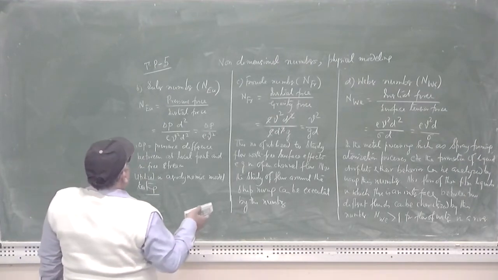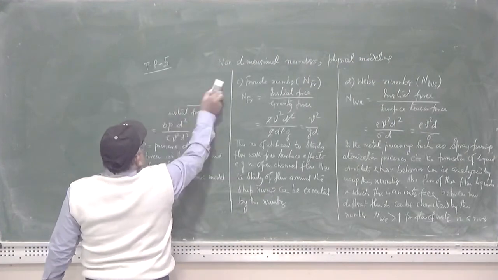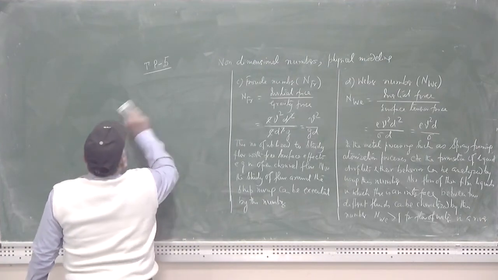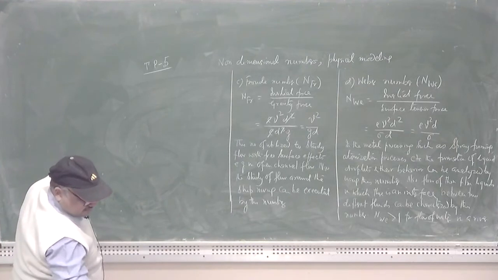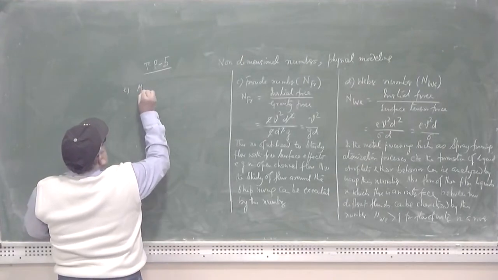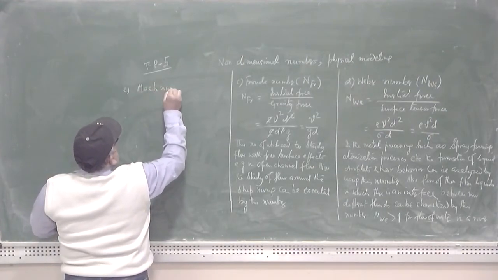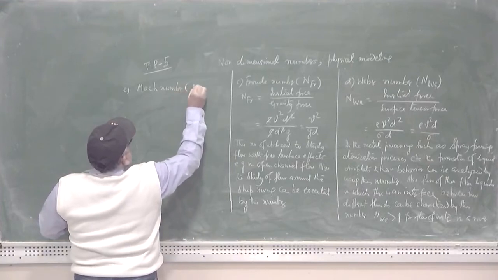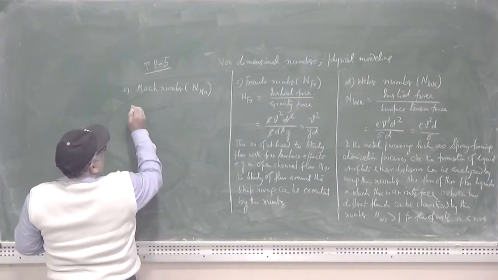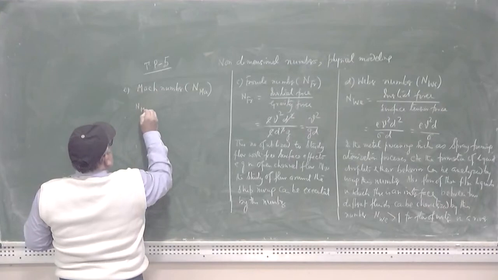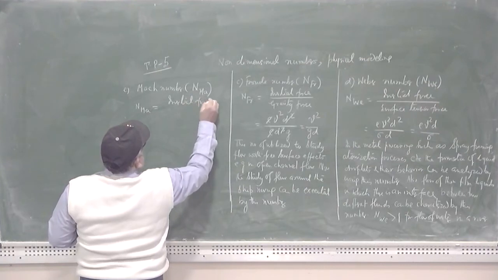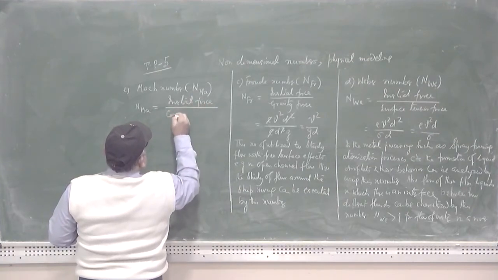The next number is the Mach number. This is denoted as NMA, and is defined as inertial force divided by compressibility force.